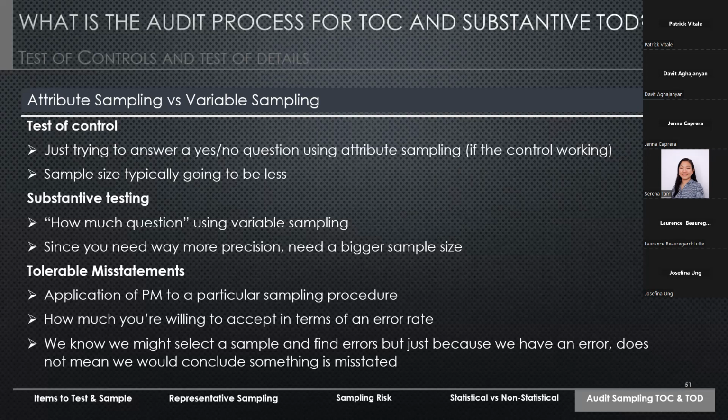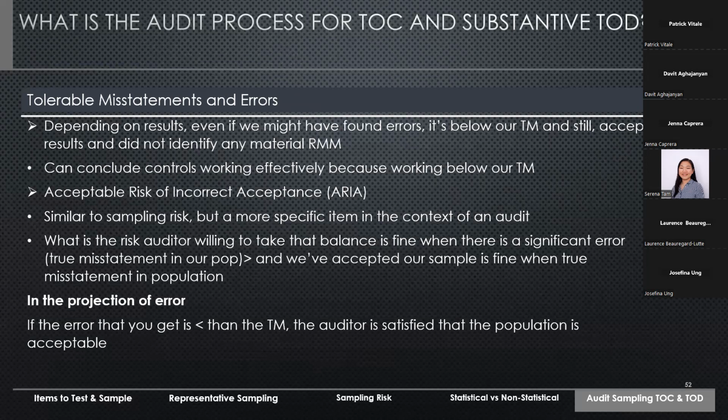No. There's always that percentage of error that we're going to be accepting because it might not be material or something like that. So what you have to remember is that depending on the result, even if you might have found errors, if it's below our TM, accept the result, as we did not identify any material risk of material misstatement. So you would look at the TM, okay?